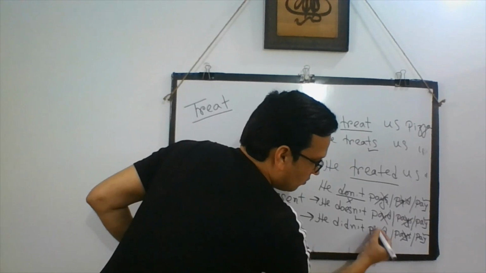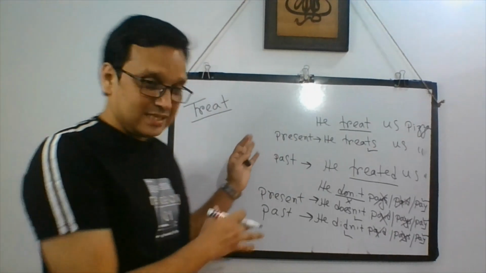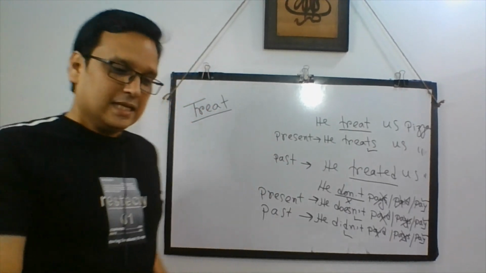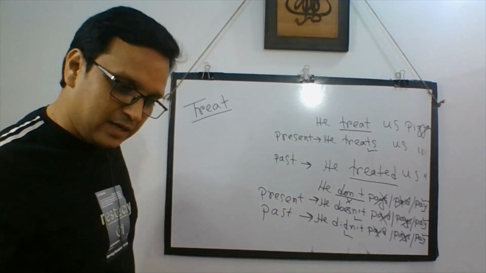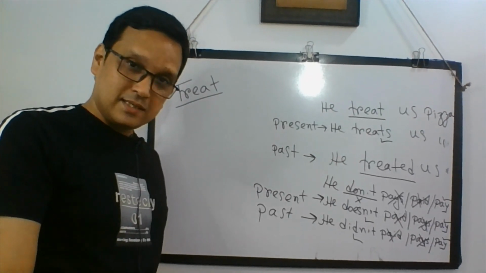So if you can be sure about your these types of silly mistakes, I think that the journey is very easy. You can speak English 10 times better than I. Am I clear? Am I right here?